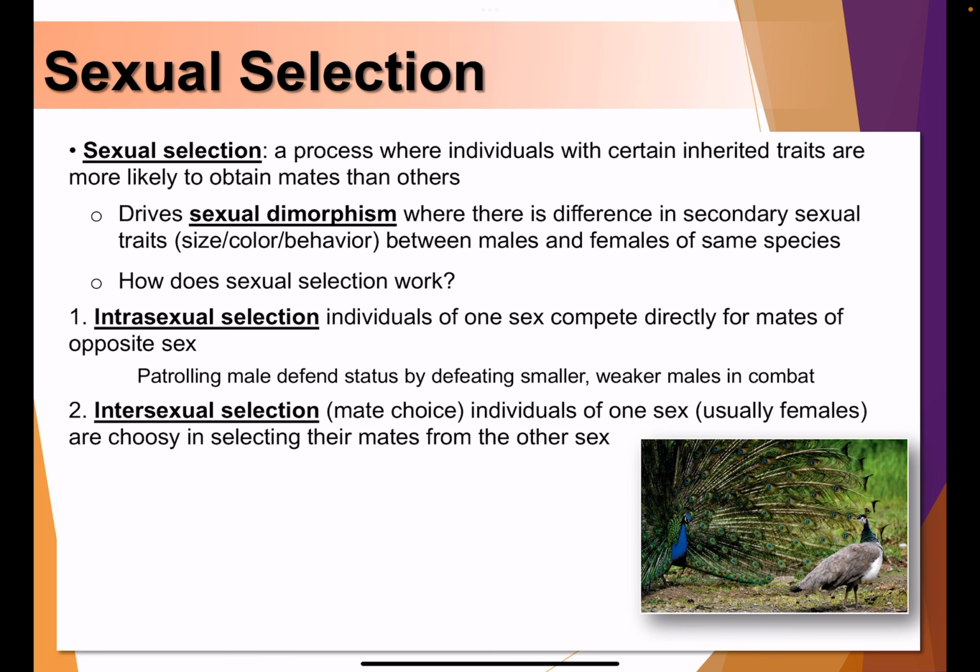The second way is called intersexual selection, which is talking about mate choice. Individuals of one sex, and it turns out that usually it's females, are more choosy in selecting their mates from the other sex. So as you see a lot of times in wild animal populations, you will see males of a particular species looking brighter in color, prettier, more beautiful, and the whole purpose of that is for them to attract mates.